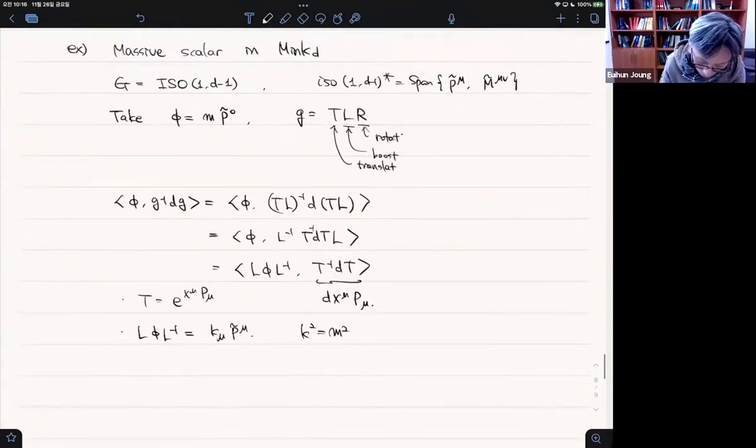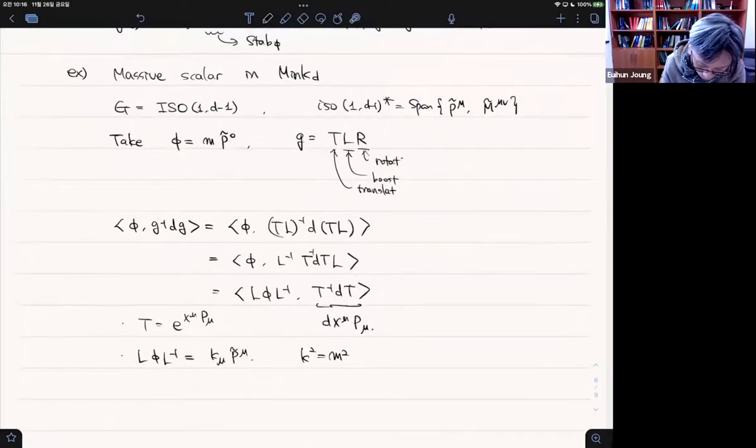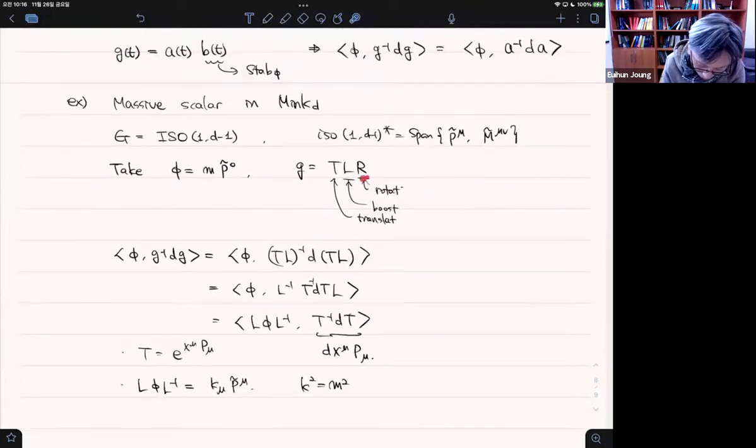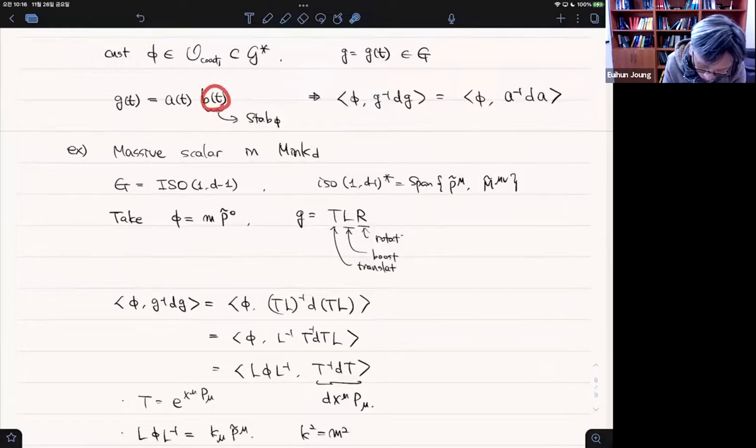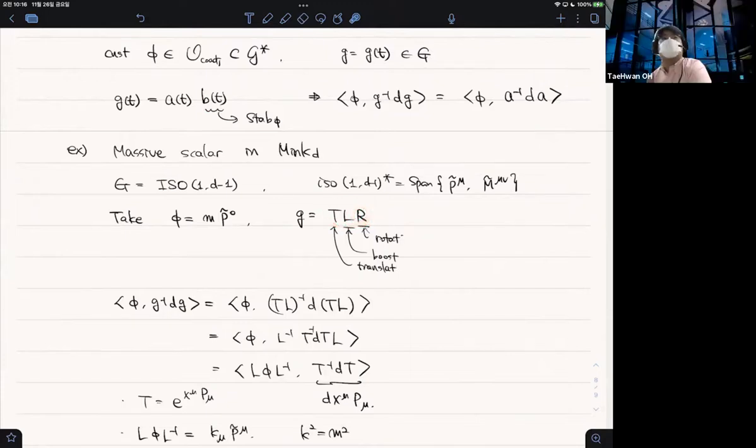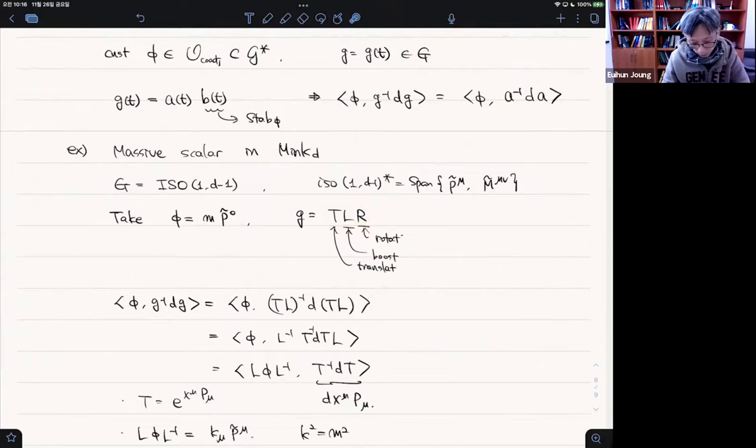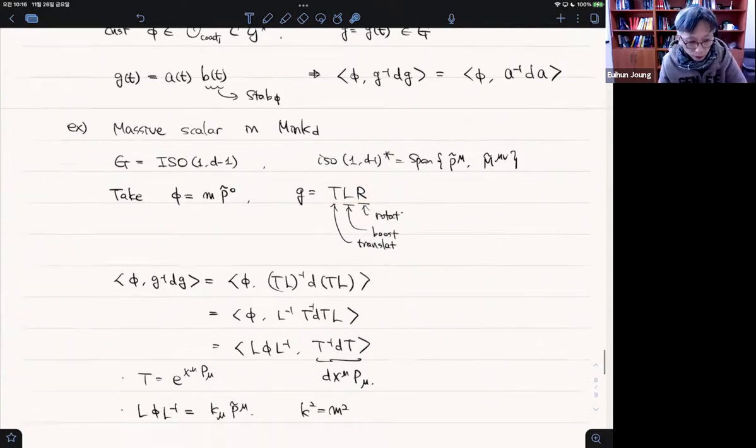Right, that's true, but here I didn't say that. If it's a stabilizer, this will not contribute. Here I didn't put all the stabilizer, I just put part of the stabilizer, which is rotation, to get some covariant action. Okay, thank you.